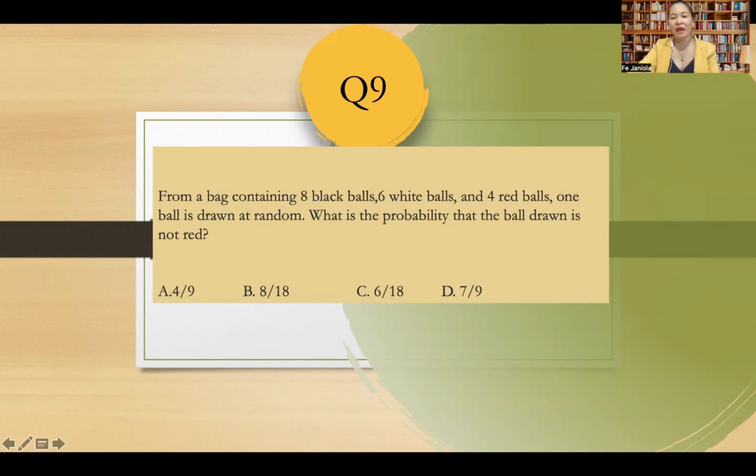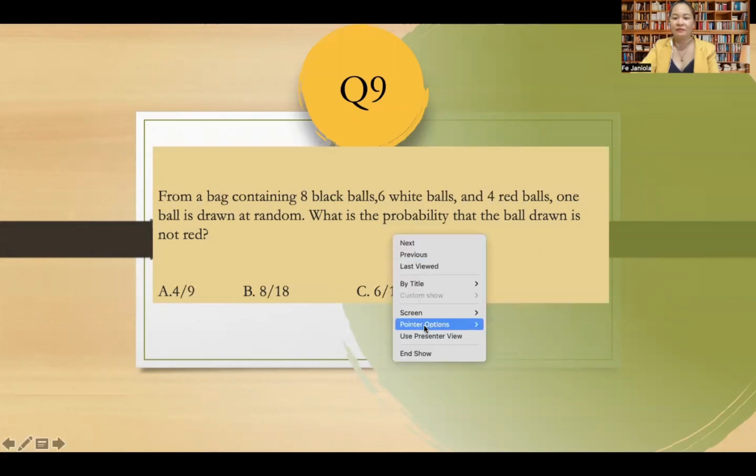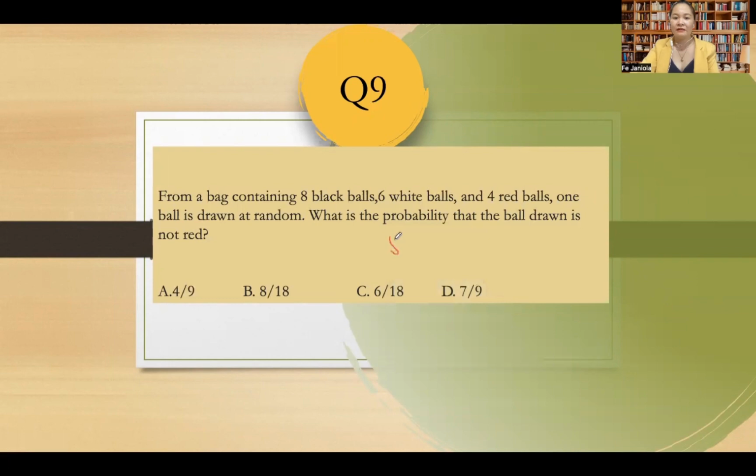Question number 9. From a bag containing 8 black balls, 6 white balls, and 4 red balls, one ball is drawn at random. What is the probability that the ball drawn is not red? The total is 8 plus 6 plus 4, so we have 18. And there are 4 red balls, so 4 over 18.